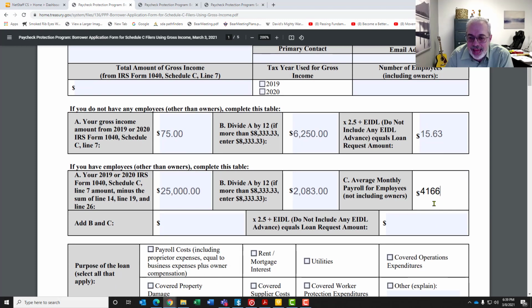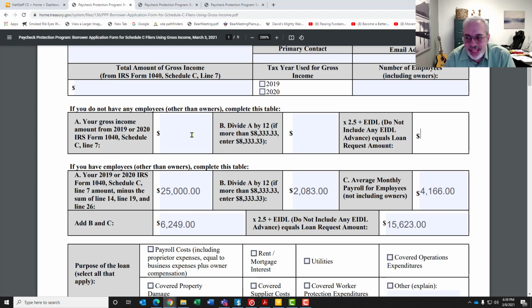We are then going to add these two together. So 2083 plus 4166 gives me 6249. And then I would multiply that times 2.5. Gives me 15,623. Now, if we're doing this one, this section will be blank. You don't get them both.